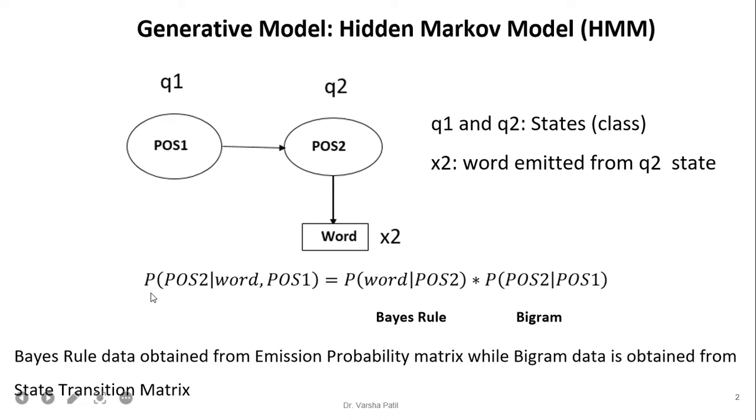The formula for the HMM model is probability of POS2 given word and POS1 equals probability of word given POS2 into probability of POS2 given POS1. This is the bigram formula, that is count of POS1 comma POS2 divided by count of POS1, and this is nothing but the Bayes conditional probability rule. The Bayes rule data is obtained from the emission probability matrix, while the bigram data is obtained from the state transition matrix.